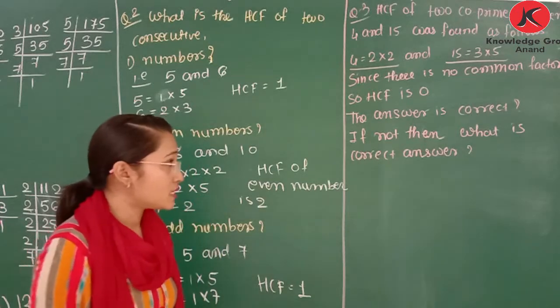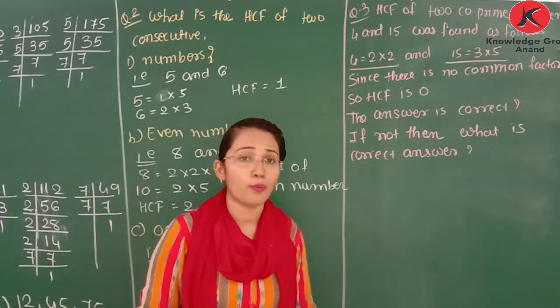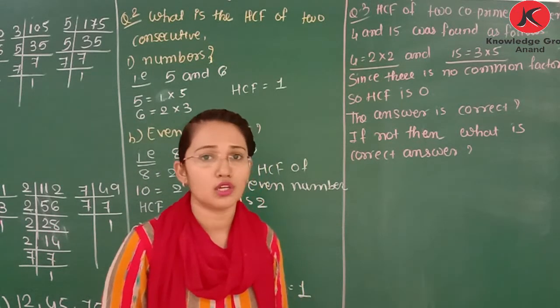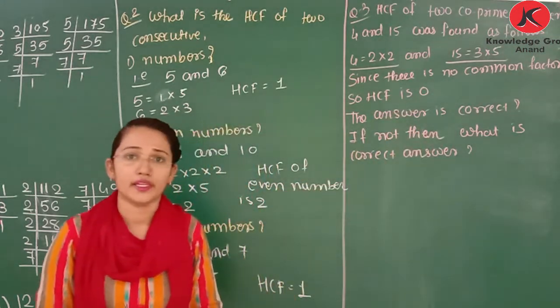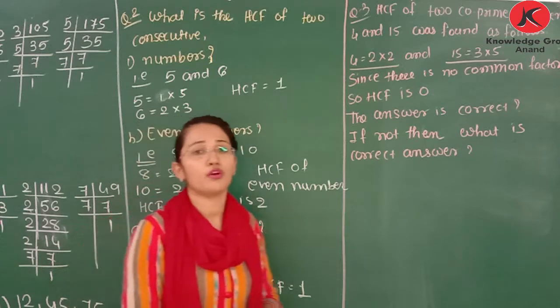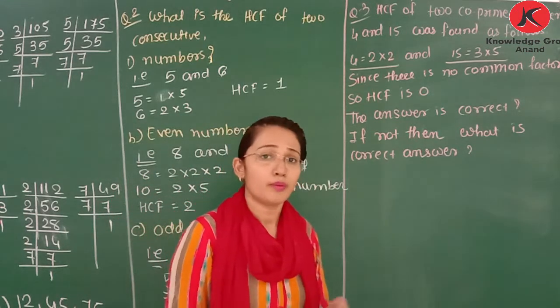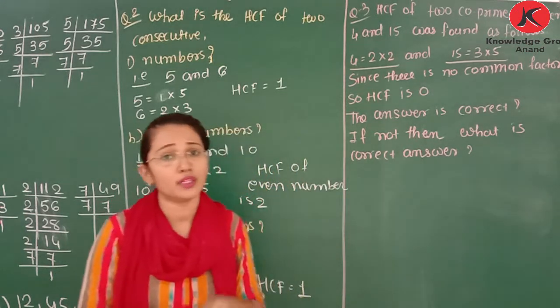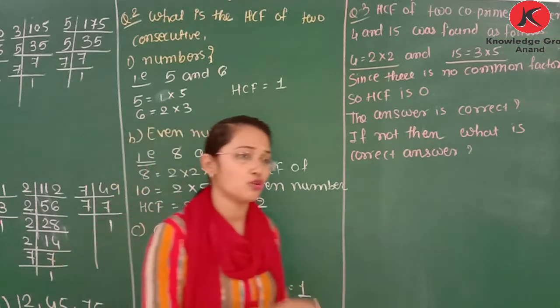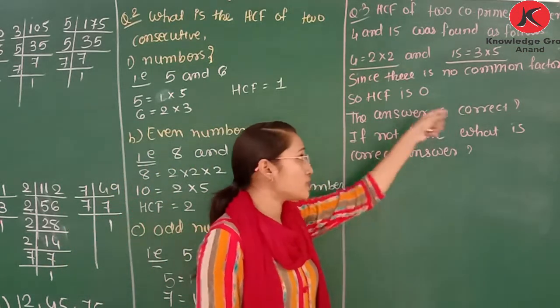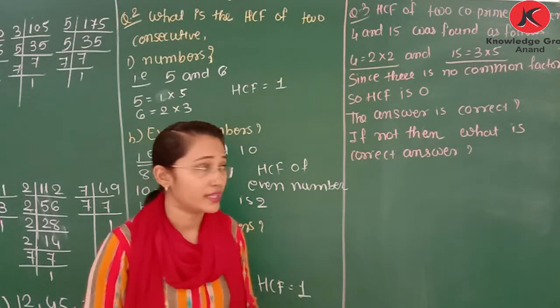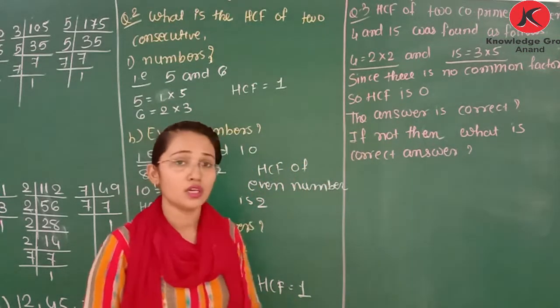Okay. The HCF of any two co-prime numbers cannot be 0 because 0 is not a factor of any number. Okay, 0 is not a factor of any number. Because if you multiply any number by 0, it becomes 0. That's why 0 is not a factor of any number. That's why HCF cannot be 0.